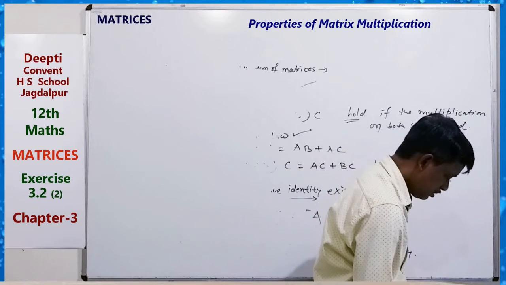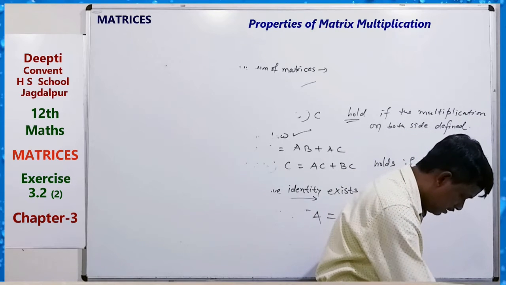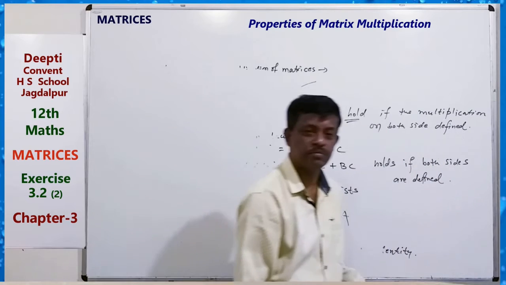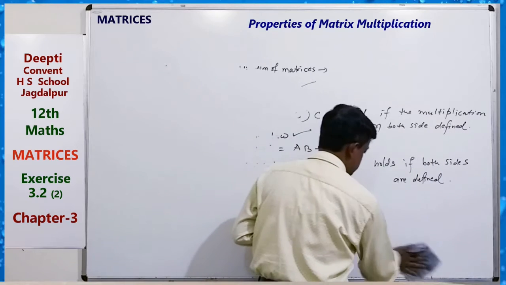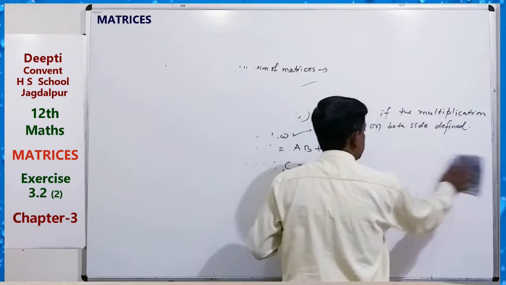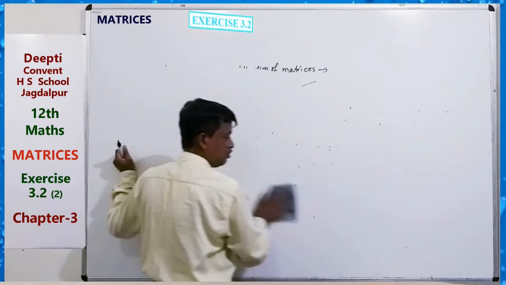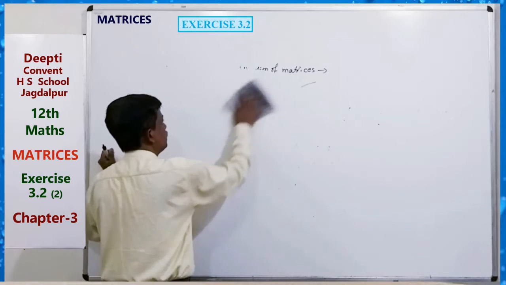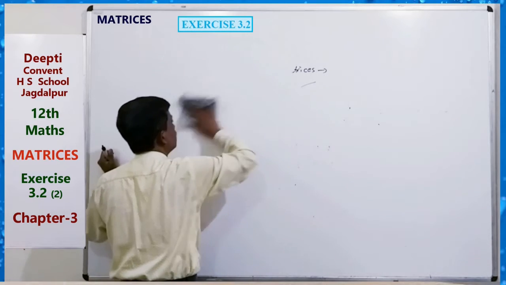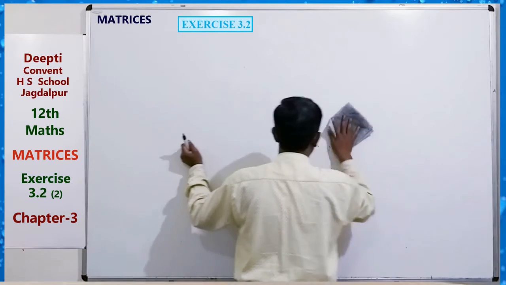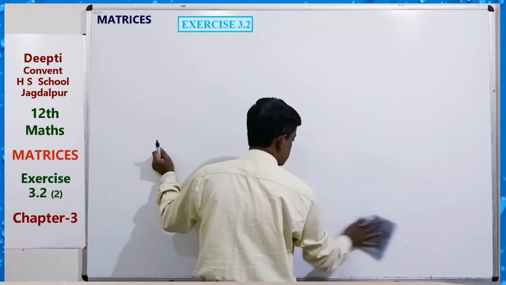Okay, so using this idea, we can solve the questions from exercise 3.2. As we saw last time, the first question has two products, AB and BA, to find. So we can find the matrix products AB and BA for the first question.